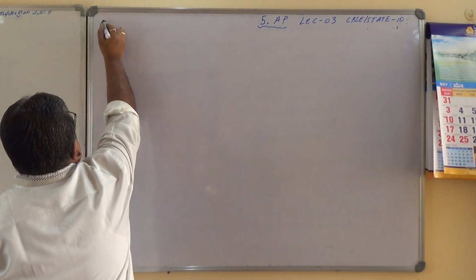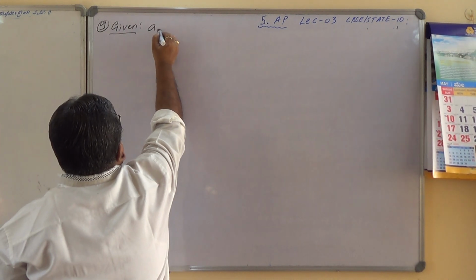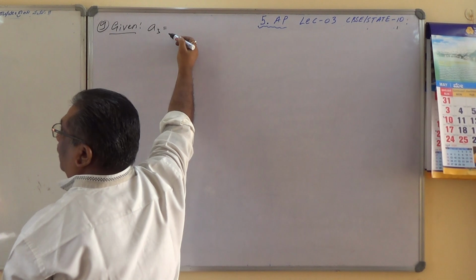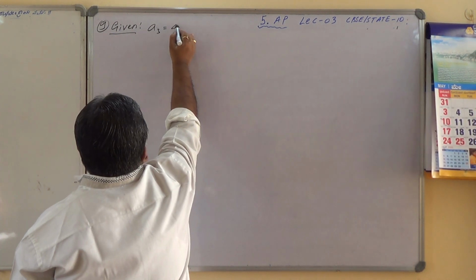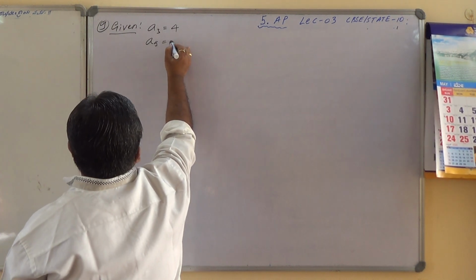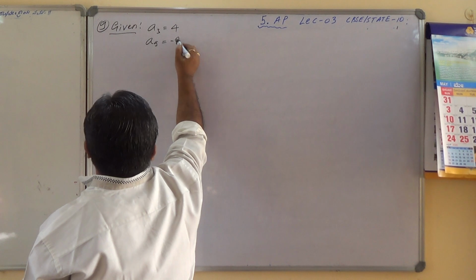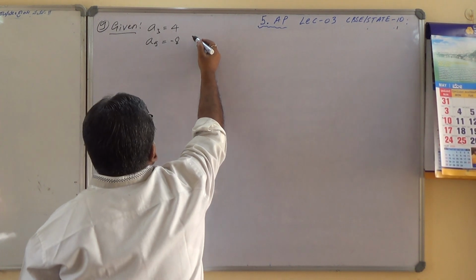Given A3 equals 4, the third term, and ninth term equals minus 8.